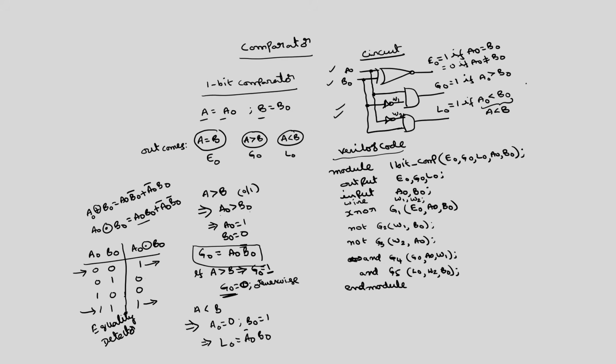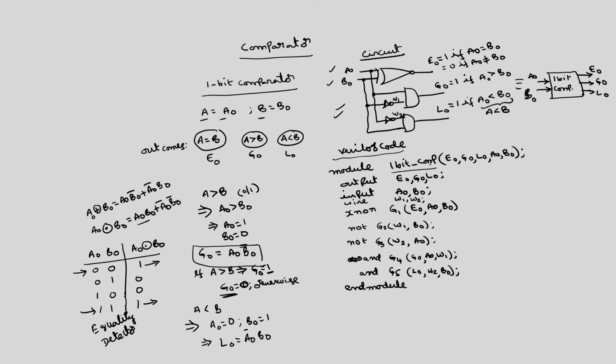If I take this as a block diagram, the inputs are A0, B0, outputs are E0, G0, L0. This is the 1 bit comparator. Okay. If I can construct the 2 bit comparator using 2 single bit comparators, I can instantiate this program.